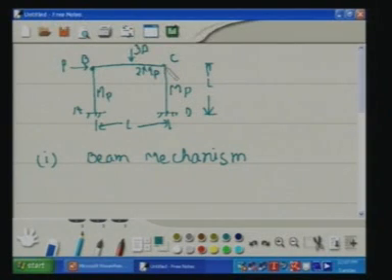And again in the case of column CD, the hinge at this joint will form just at the tip of the column CD, so that the moment will be MP instead of 2 MP at both these places. Naturally, the structure that is weak will undergo the process of plastic action.